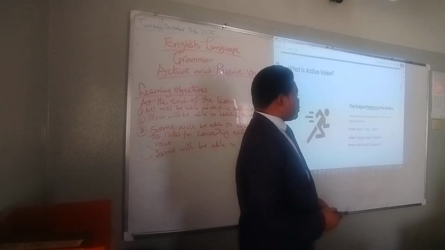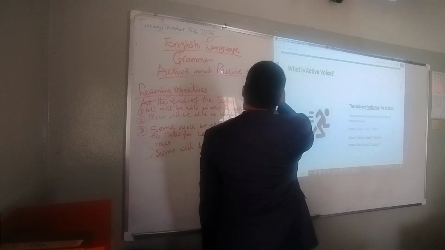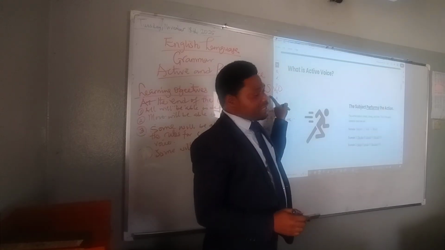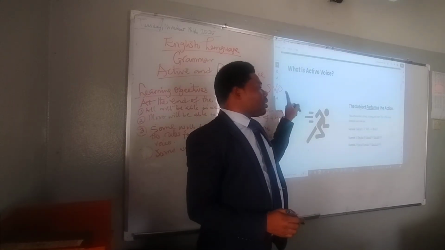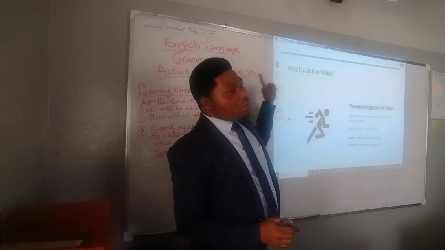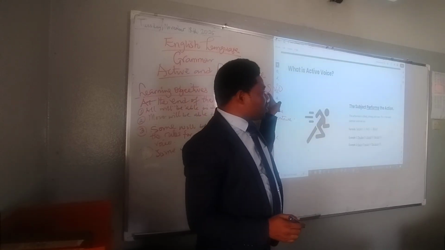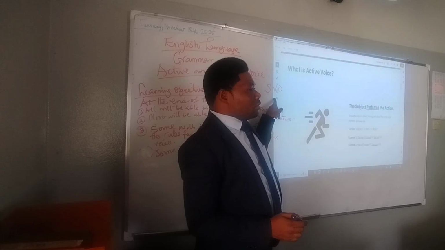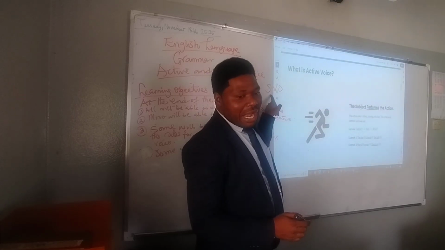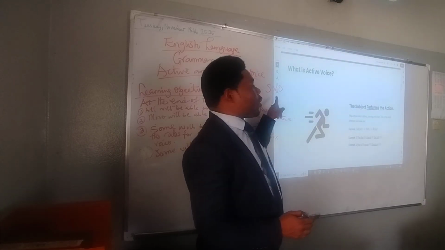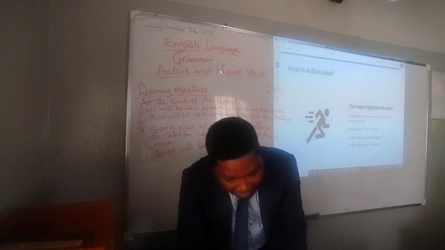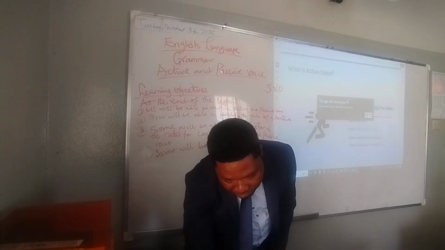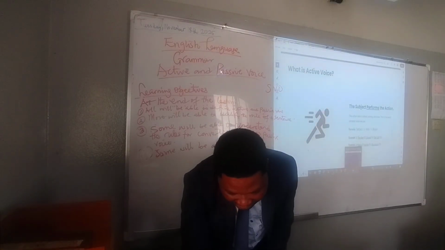In a typical sentence in English, we have what we call SVO, where S stands for subject, V stands for verb, and O stands for object. So when you have a sentence where the action is being performed by the subject, we describe such as active voice.